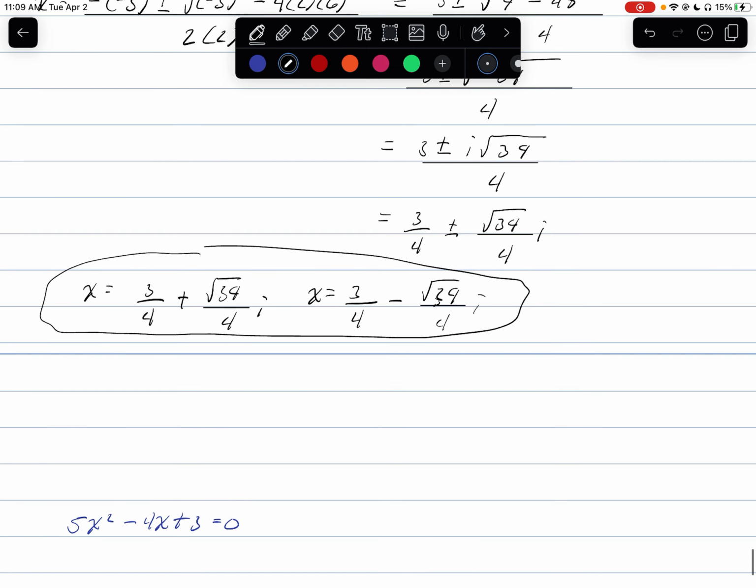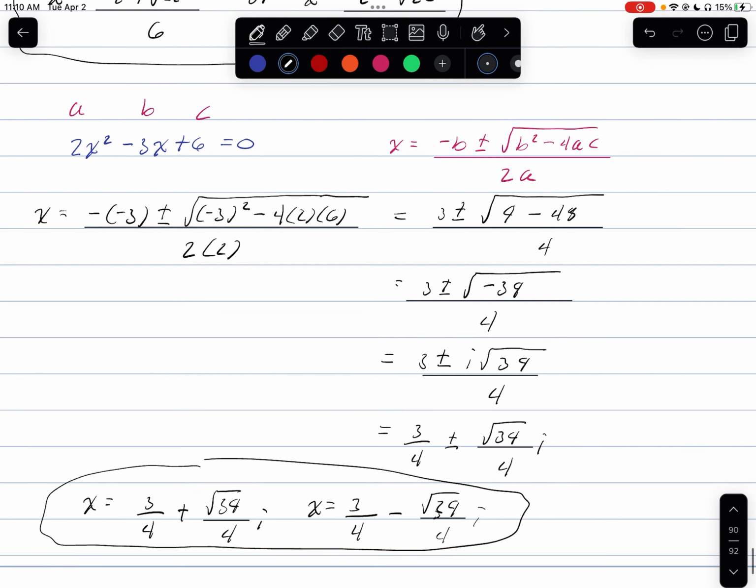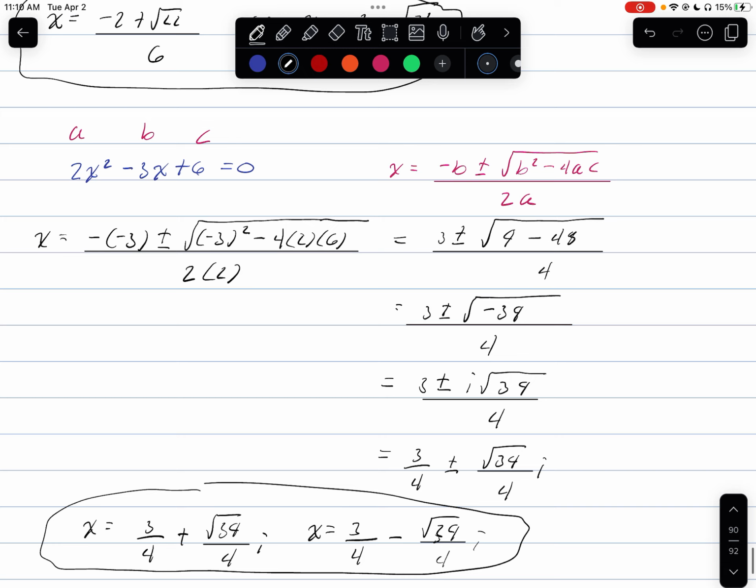What you'll notice is that anytime what's inside the square root here is negative, then we know that we're going to have a complex solution. And this thing in here, by the way, you may see something on ALEKS about this. This is called the discriminant.